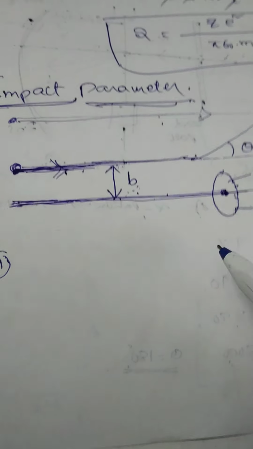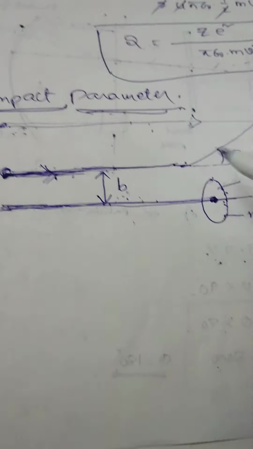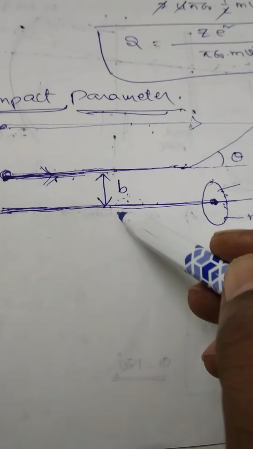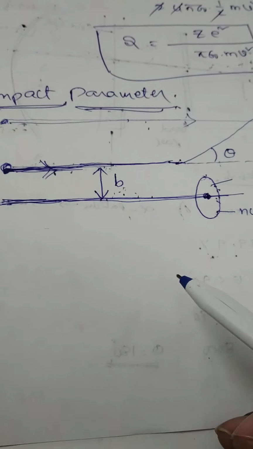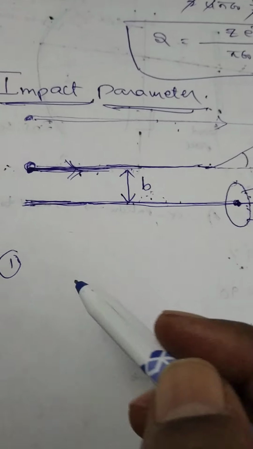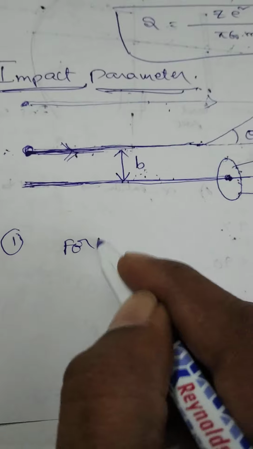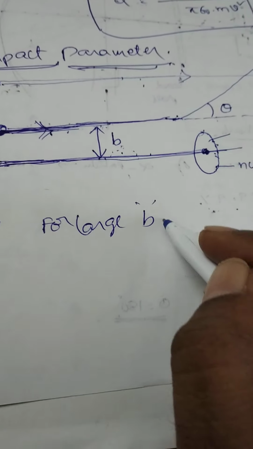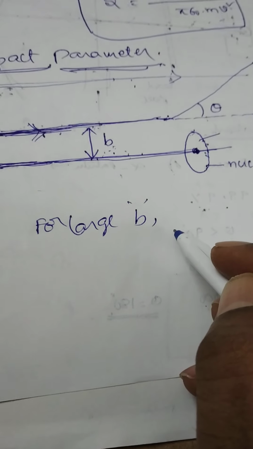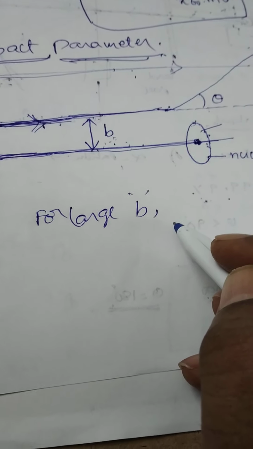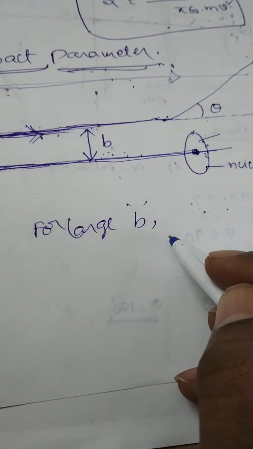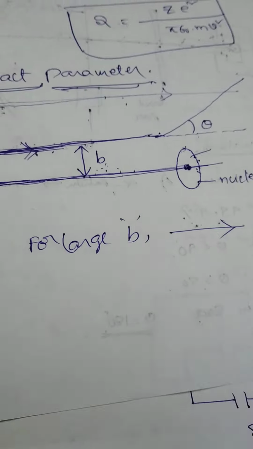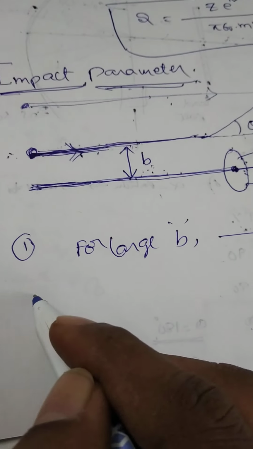So as B increases, the angle of scattering decreases. As B decreases, the angle of scattering increases. For large values of impact parameter, the repulsive force experienced by the alpha particle is very small, so the alpha particle does not deviate almost. It moves along the straight line direction for large values of B.